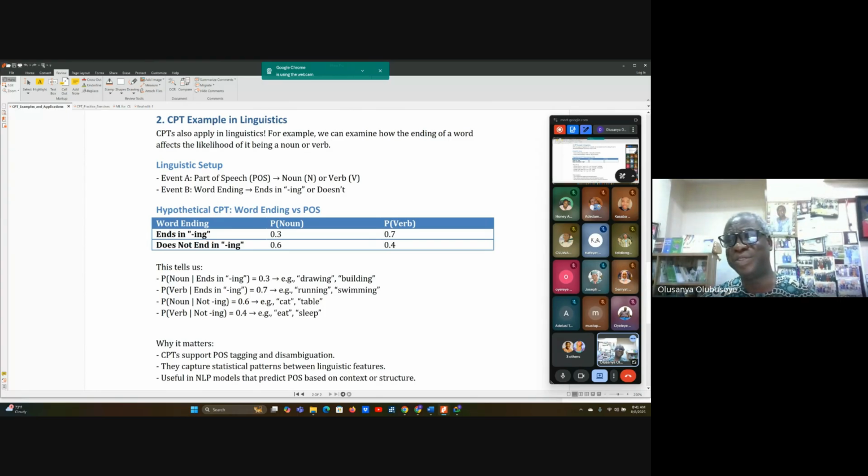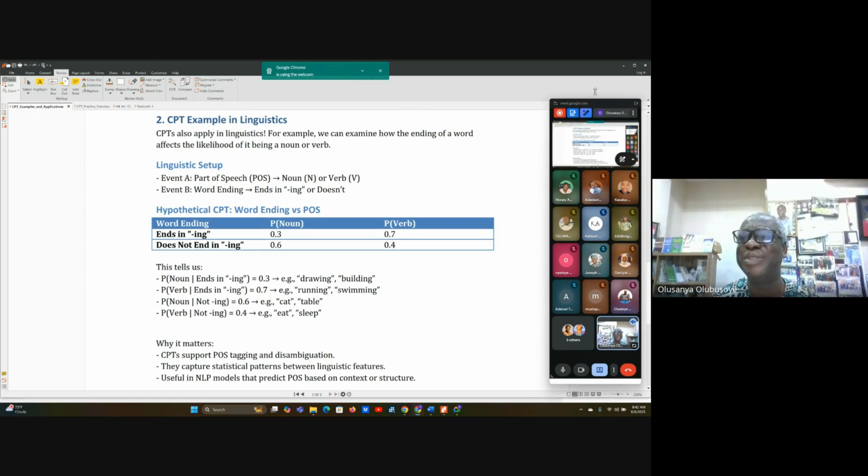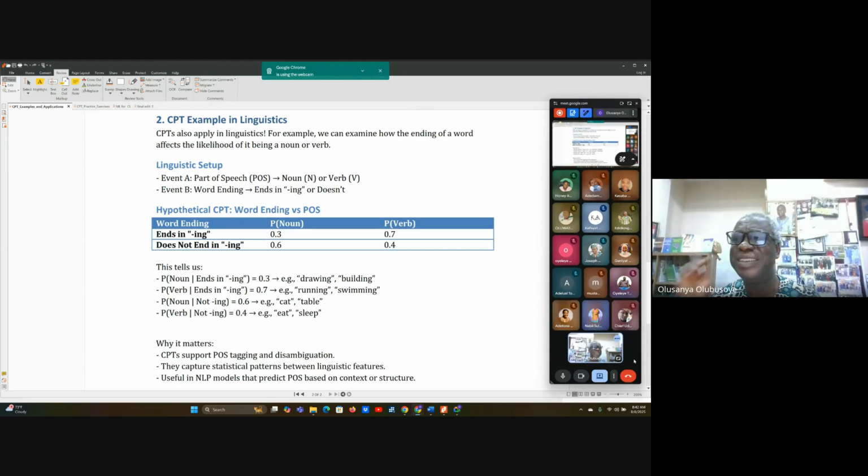I think those in linguistics will know that. Can anybody from linguistics say something about how the ending of a word affects whether that word will be a noun or a verb? Nobody in linguistics? So that we understand that this thing is possible.